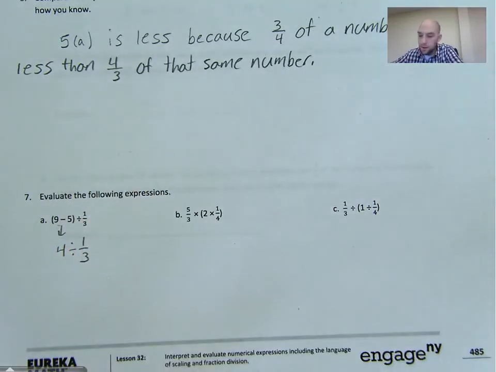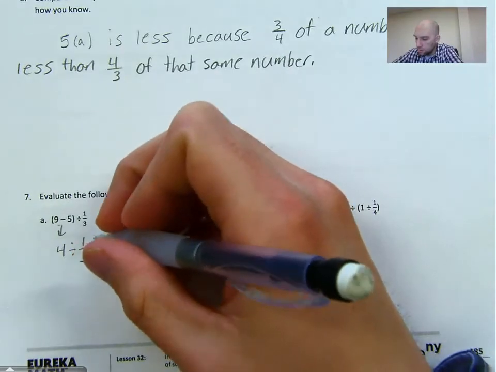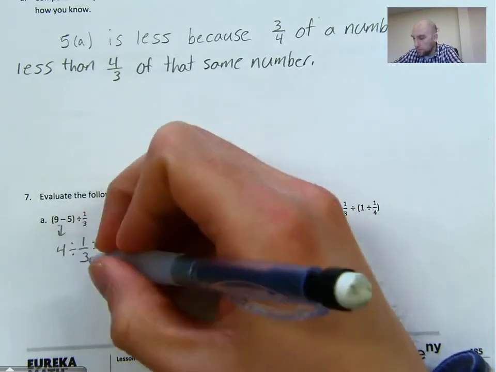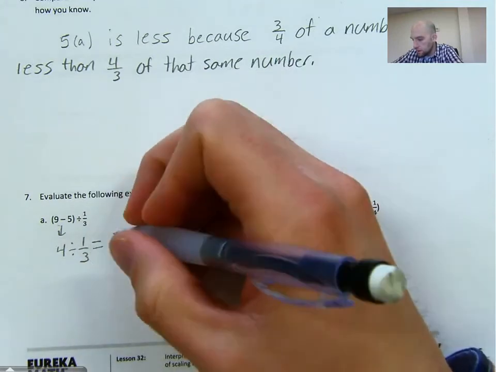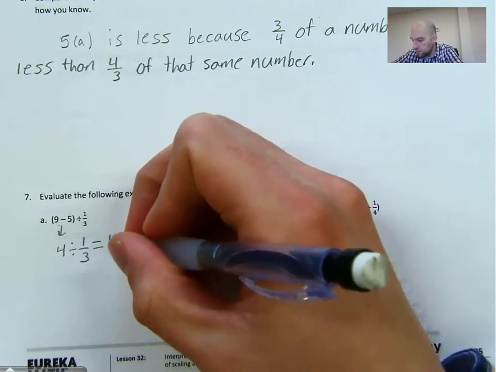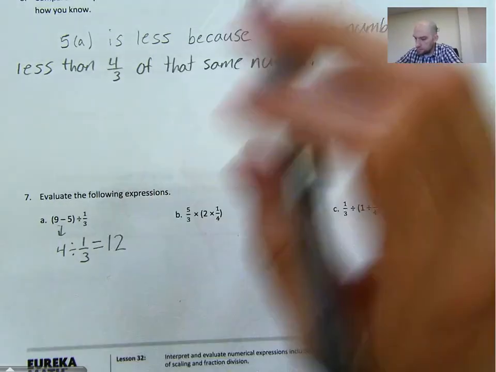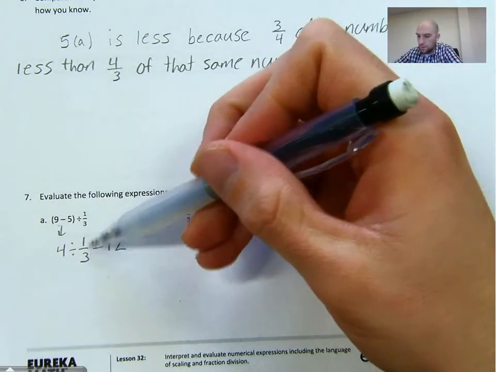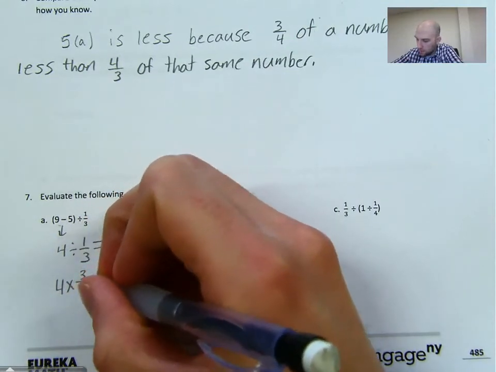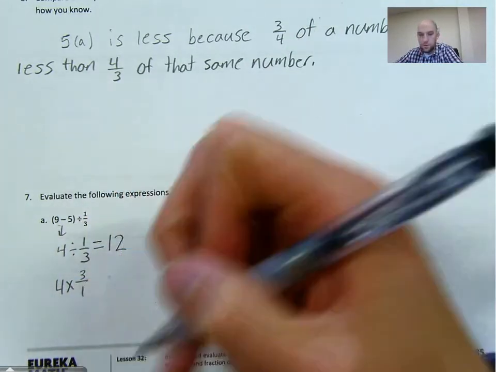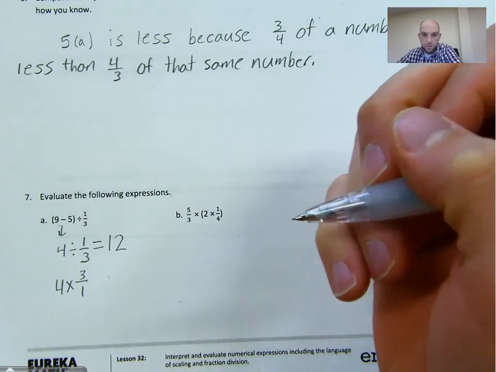Well, divided by 1/3 is really the same as multiplying by 3. We're going to multiply by our denominator. And it's going to give us 12. We just flip our fraction. It's the same as 4 times 3 over 1, which is the same as 4 times 3, which would give us 12.